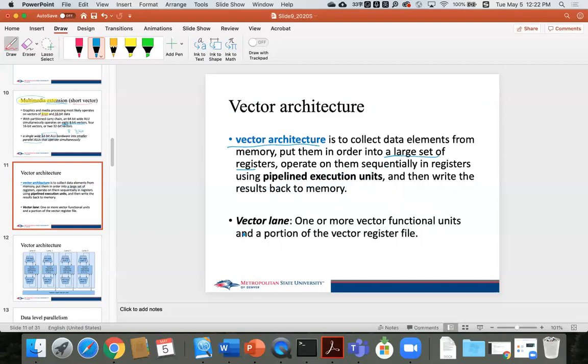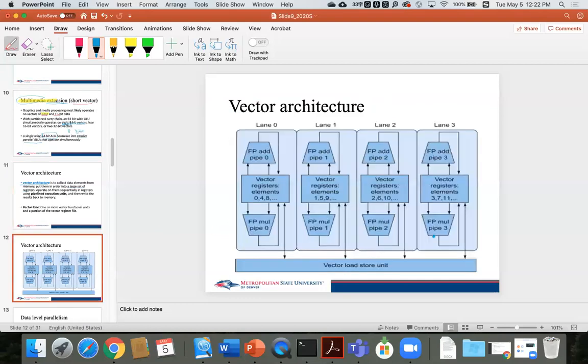So what does the vector architecture look like? There's an example here. You use several registers, and for example, we have quite a few elements, such as data from number 0 to number 12, and I have four lanes inside my hardware.